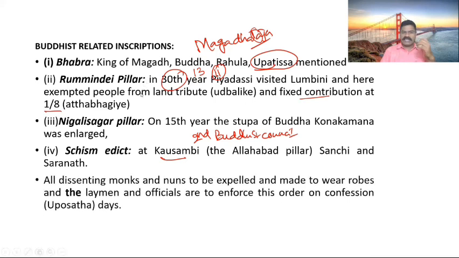All dissenting monks and nuns are to be expelled and made to wear white robes, and the laymen and officials are to enforce this order or confession.